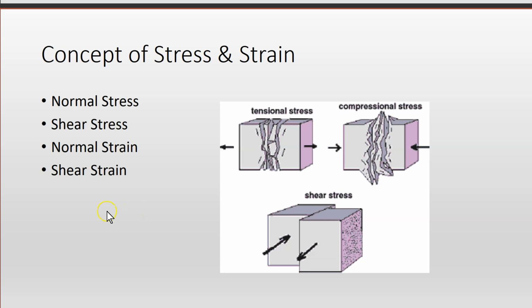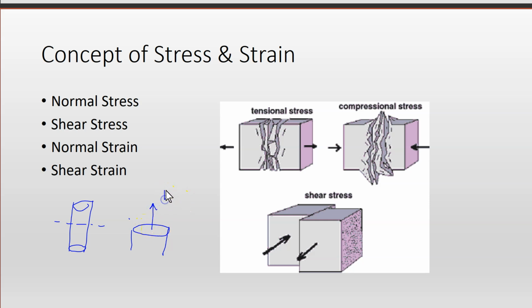So imagine if we were to take a sample like so, and if we were to cut it here, I've just drawn it enlarged. So this cut surface here, the normal to that would be this direction.